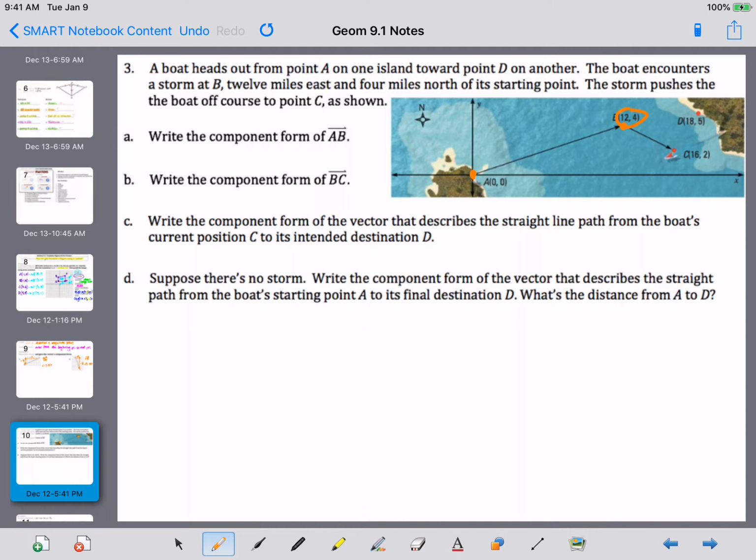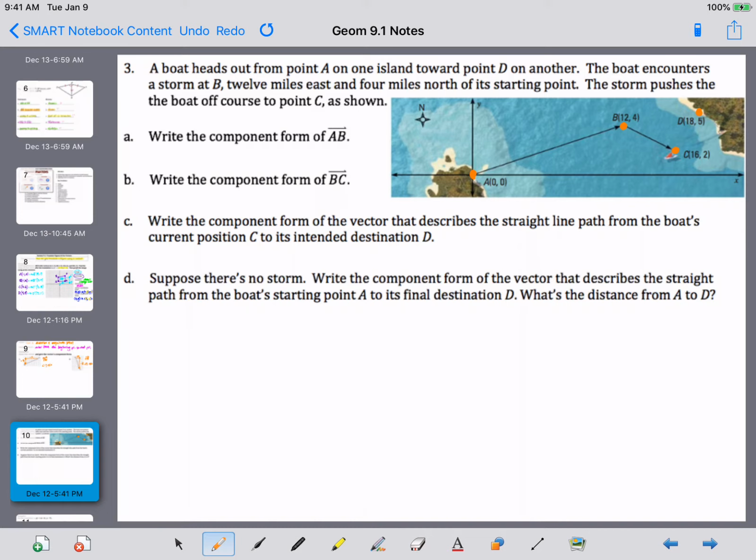So that's what this (12, 4) here means. And then the storm pushes the boat off course to point C. So then they end up a little bit southeast of where they were. And they're actually trying to get to this point D. So now they're a little bit off course.